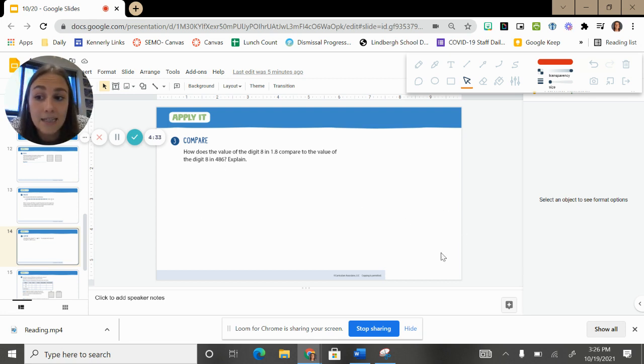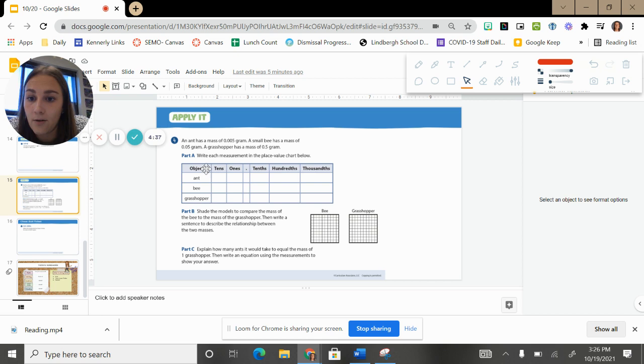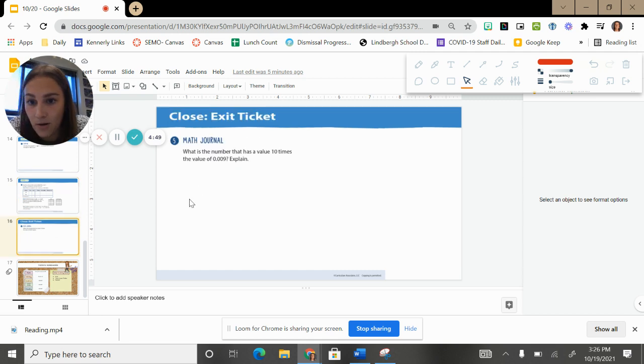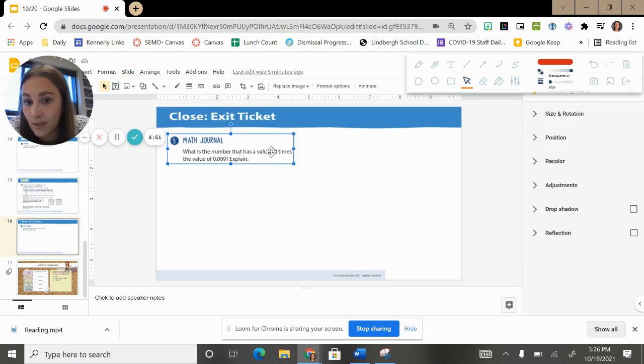Explain the difference between the two. Then for number 4, you are going to be filling in this place value chart and completing all of the parts, drawing in and explaining. And then your last problem for the day is you are going to be completing what is the value of 10 times the value of 9 thousandths.